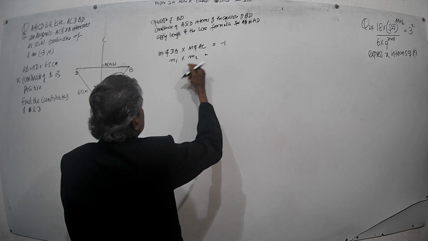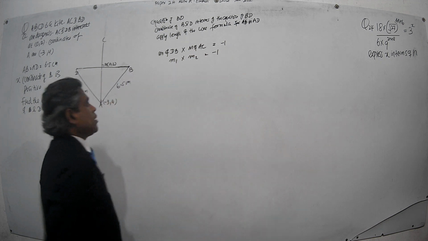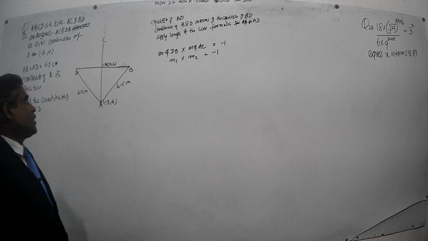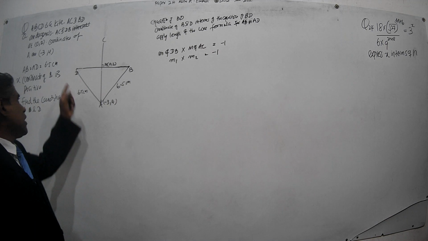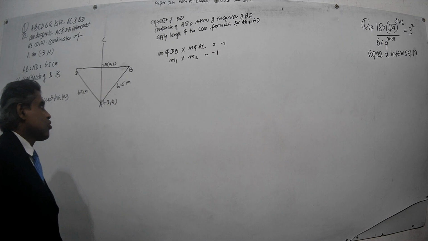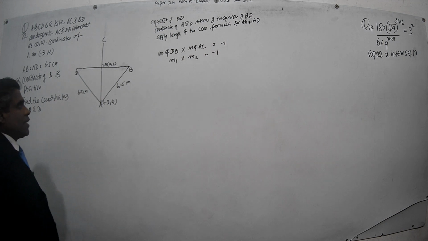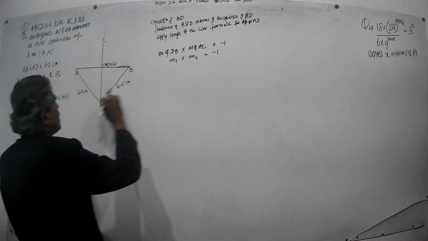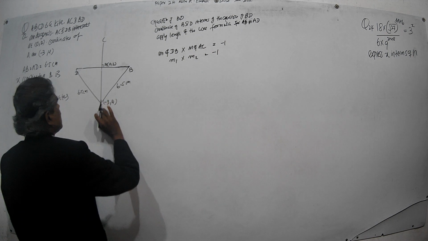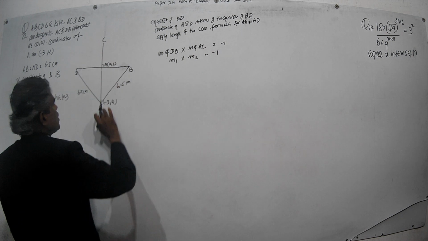Then the product of these two equals -1. Now we are to find the equation of line DB. To find the equation of line BD, its gradient must be found. To find that gradient, apply this relationship. The other line perpendicular to DB is this AC.